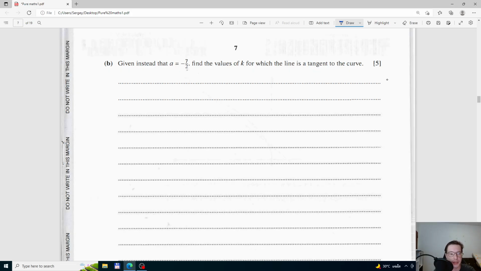That means the equation must have only one solution. Right, so that looks like a quadratic equation. So probably we'll have to use b squared minus 4ac equals 0 to get only one solution.